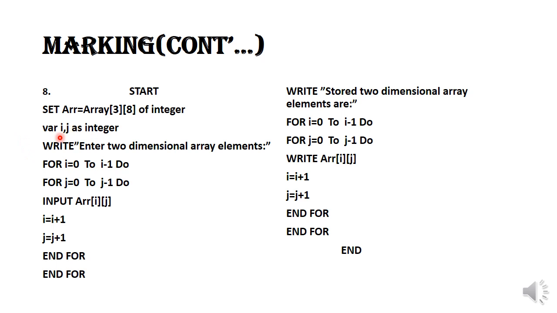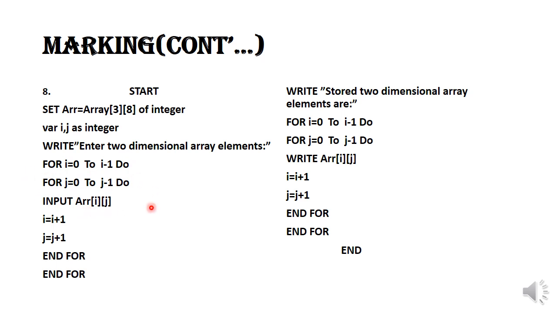So write a function to input two-dimensional array elements, and we use an inner for loop. So for row starting at index 0 to row size -1, do. This is for row, and on the same row, also the column starting from 0 to column size -1.